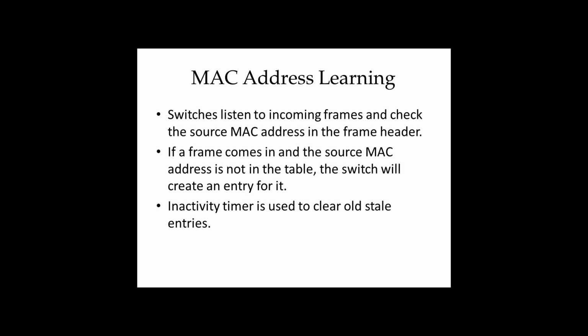The switch will see my MAC address as the source address coming in on, say, port 2. That's the port that I'm plugged into. So it'll add my MAC address to port 2. Now when somebody else on the network is trying to reach me, and a frame comes in with a destination address of my machine, it'll send it out port 2. It's fairly simple, but that's how a switch learns these MAC addresses.